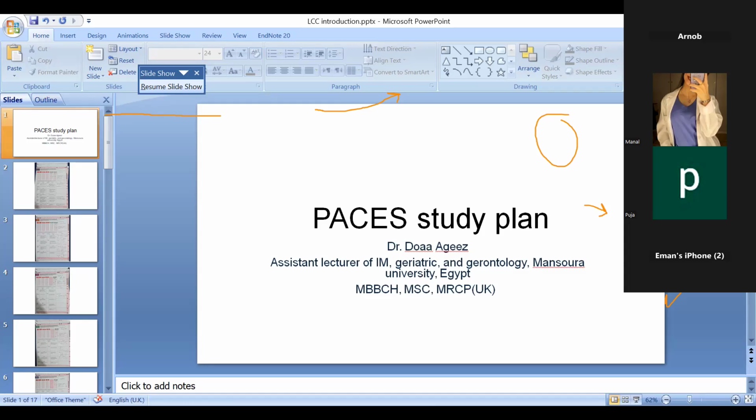But in PACES, in the long clinical consultation, he is giving the mark of the differential diagnosis, so that you include the true solution of the case as number one differential diagnosis, and to have at least 4 differential diagnoses.